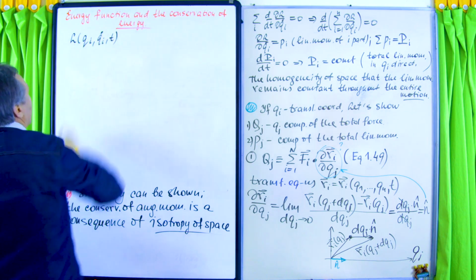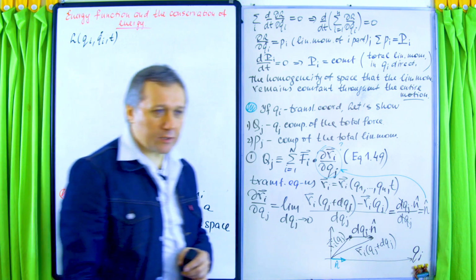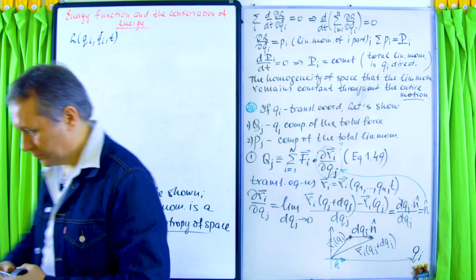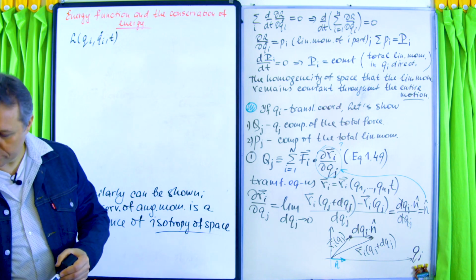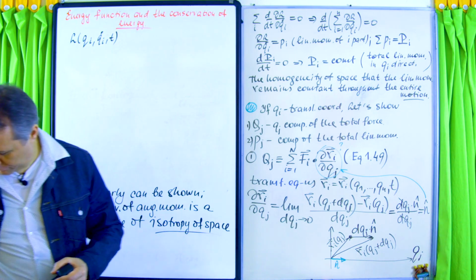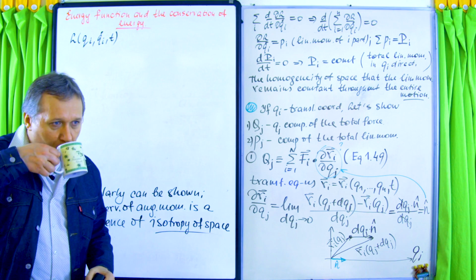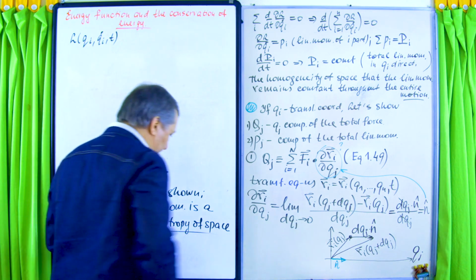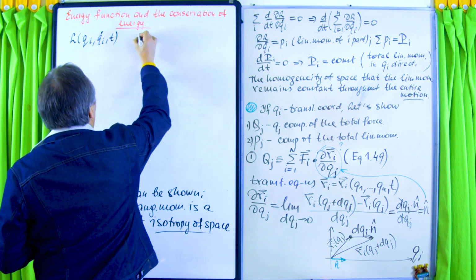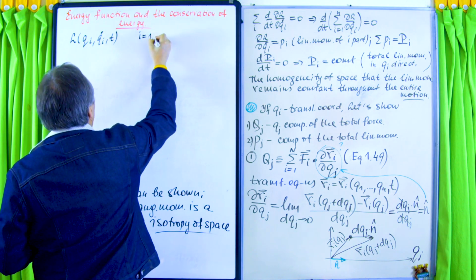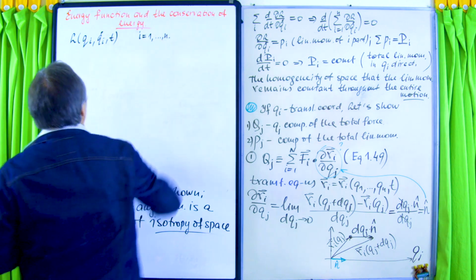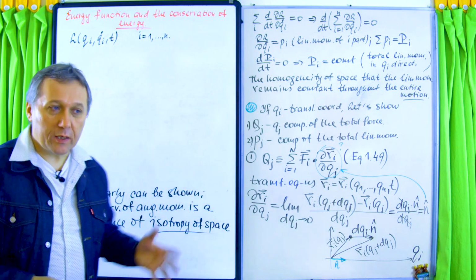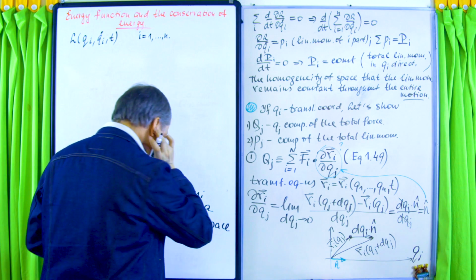Again, it depends on generalized coordinates and generalized velocities. j runs from 1 to n. So these are generalized coordinates, n usually small, a defined number of generalized coordinates, right?